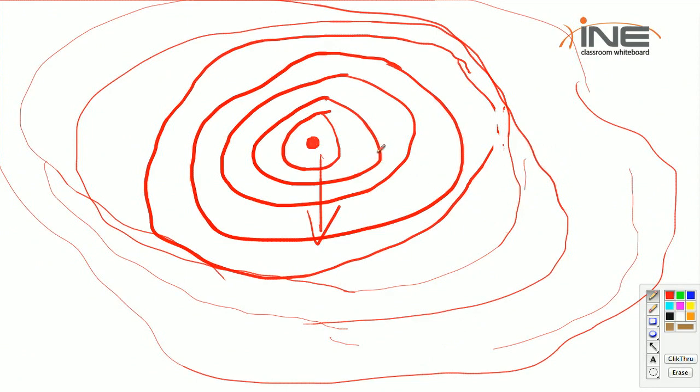But the idea is that as we get further out from the edge, something called free path loss occurs. Free in the sense that there's really not much affecting the signal other than distance.